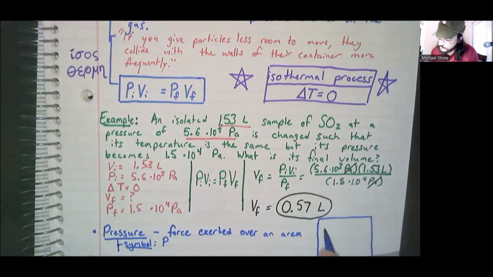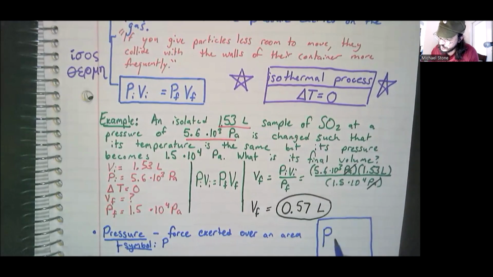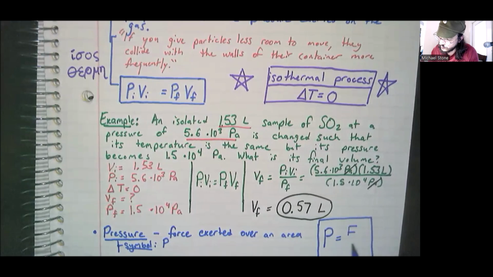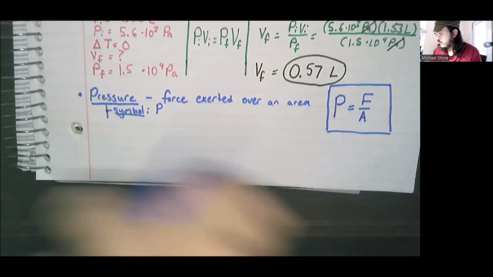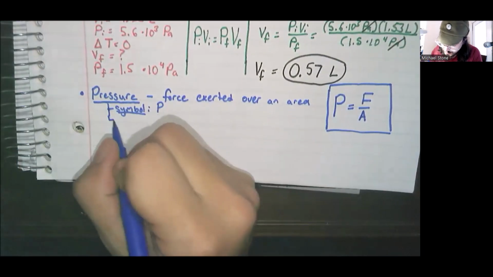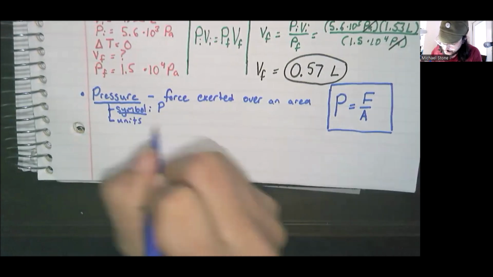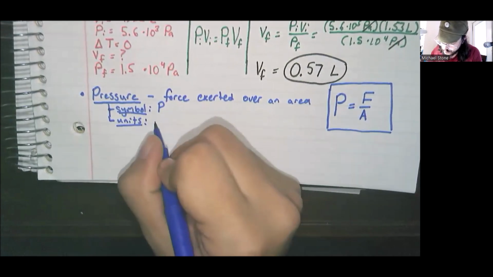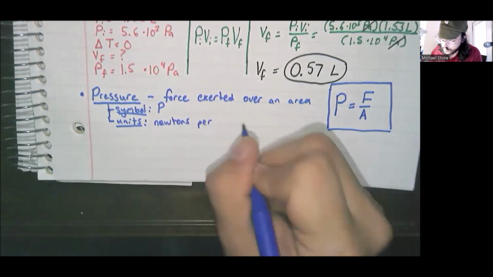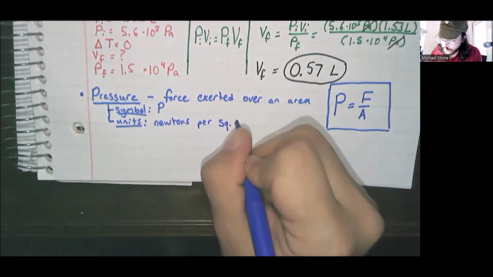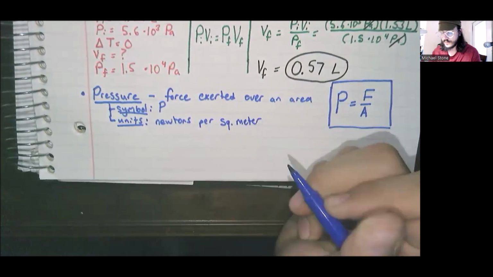But pressure is force over area. And our units for that will therefore be newtons of force per square meter of area.